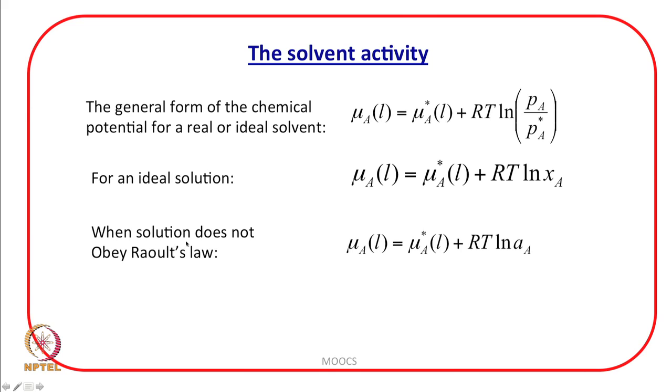So, for a non-ideal solution, usually in books A is written for solvent and B is written for solute. So, for solvent the chemical potential is mu A is equal to mu A star for the liquid plus R T log activity of A. This activity we can call the effective mole fraction.